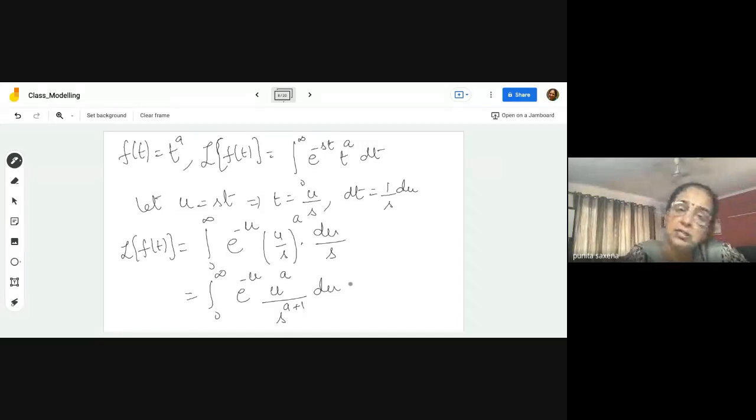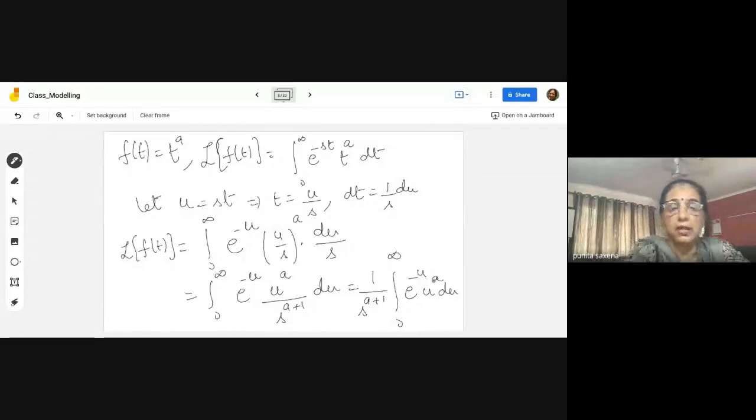Now, isn't it similar to your gamma function? Because you are integrating with respect to u, so I can have 1 upon s to the power a plus 1 outside the integral, and I am left with only this integral, du. Right?